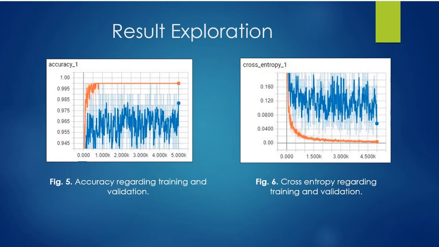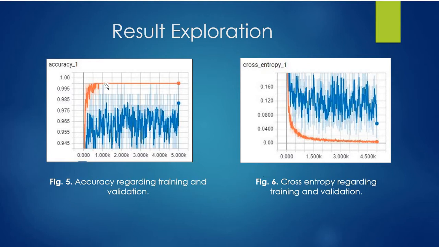Here is the result exploration part. Here is the graph of accuracy and cross entropy, both regarding training and validation. These have been created in TensorFlow. Figure 5 shows the training progress in terms of accuracy, and figure 6 shows the training progress in terms of cross entropy.